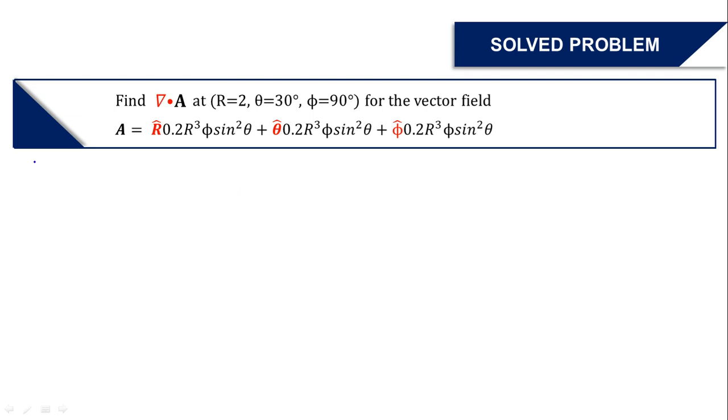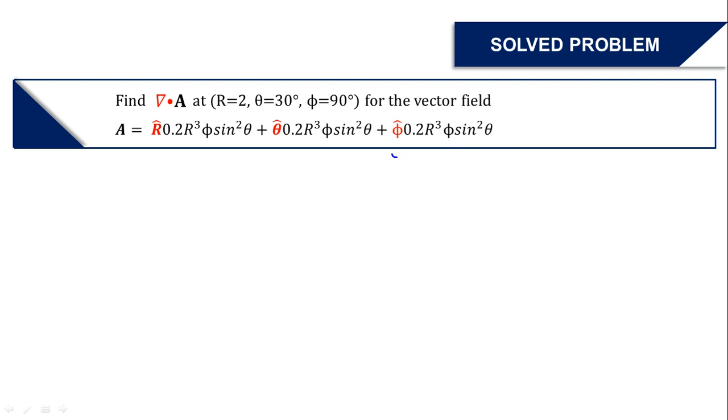We are to find del dot A at these points. R is equal to 2, theta is equal to 30 degrees, P is equal to 90 degrees for the vector field A is equal to R hat, 0.2 R cubed P sine squared of theta plus theta hat, 0.2 R cubed P sine squared theta plus P hat, 0.2 R cubed P sine squared theta.